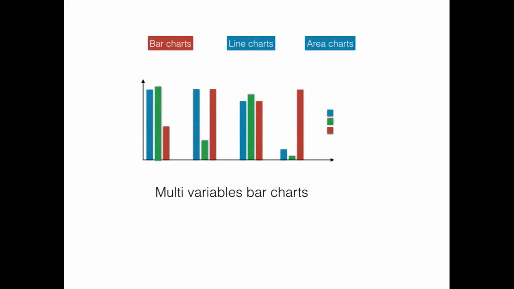Now the problem with multivariable bar charts is that if you have many categories, for example 10 or 20 or more, then it will be very confusing and almost unreadable for your user to perceive the data.